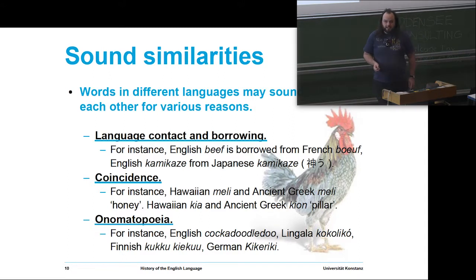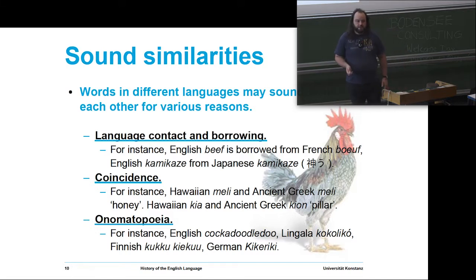So English has a word beef. The word beef is borrowed from French, specifically borrowed from Anglo-Norman. It's borrowed from Anglo-Norman for a reason. Basically, we can simplify right now and say that it's just due to the prestige of that language earlier in the history of English, after the Norman conquest.